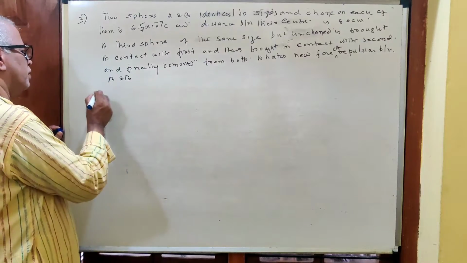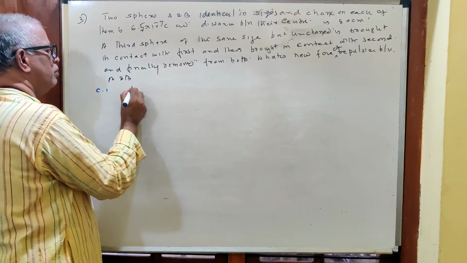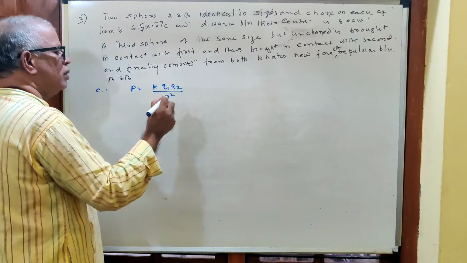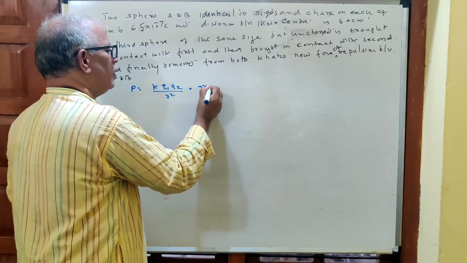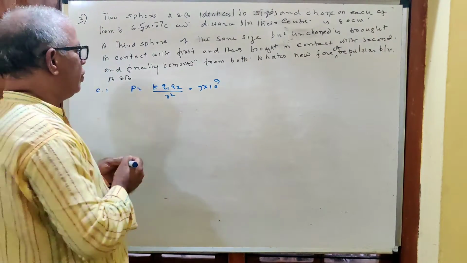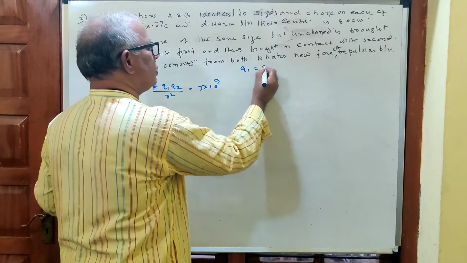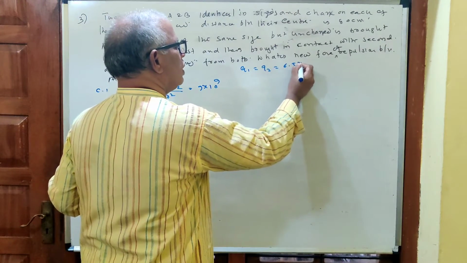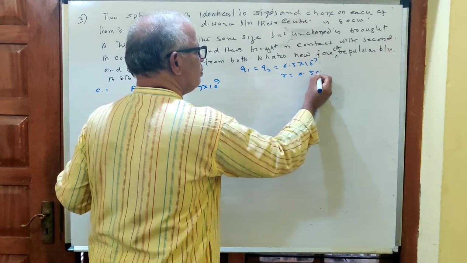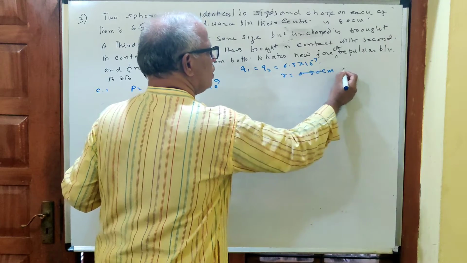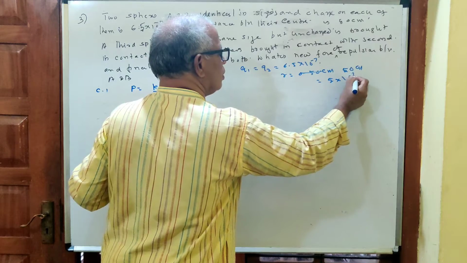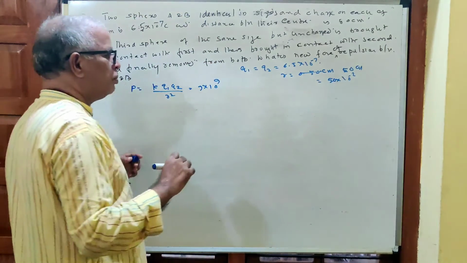First case: F is equal to K Q1 Q2 by R square. K is 9 into 10 to the power 9. Values are Q1 is equal to Q2 is equal to 6.5 into 10 to the power minus 7. R is equal to 50 centimeter, that is 50 into 10 to the power minus 2 meter.